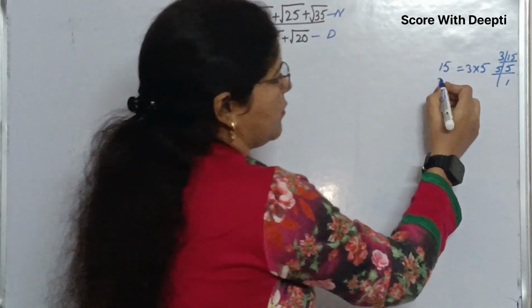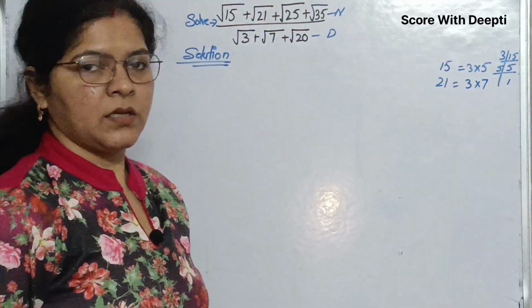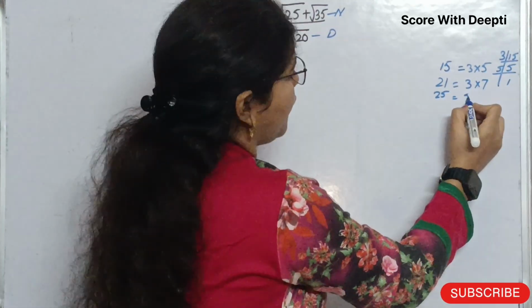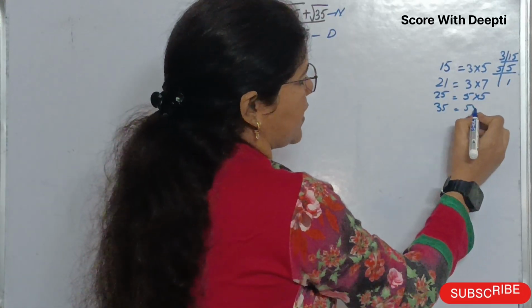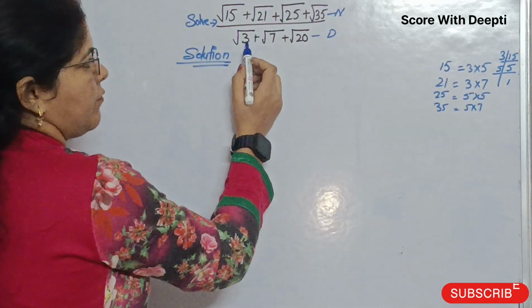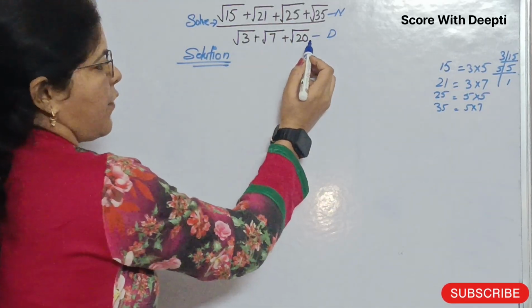Next, the prime factors of 21 are 3 and 7, since 3 7s are 21. The prime factors of 25 are 5 into 5. The prime factors of 35 are 5 and 7, since 5 7s are 35. Same for 3 and 7, and 20 is equal to 4 times 5.